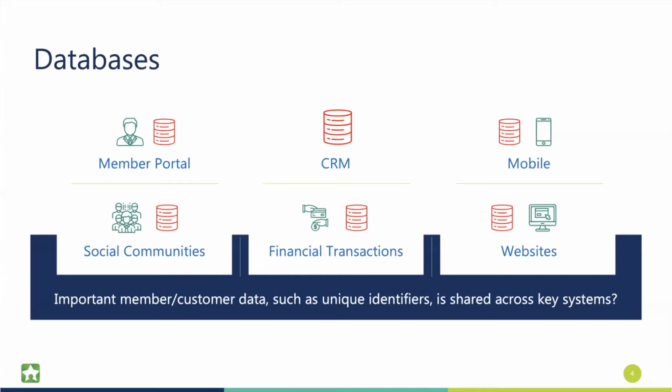is using unique identifiers across multiple systems. These unique identifiers tie the member records together, and they help us to get a more accurate picture of the member's journey with us.